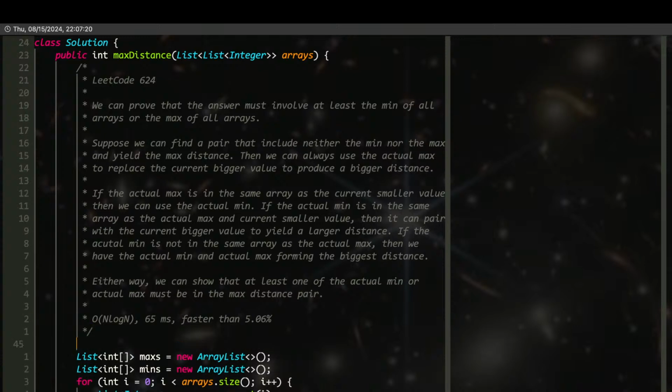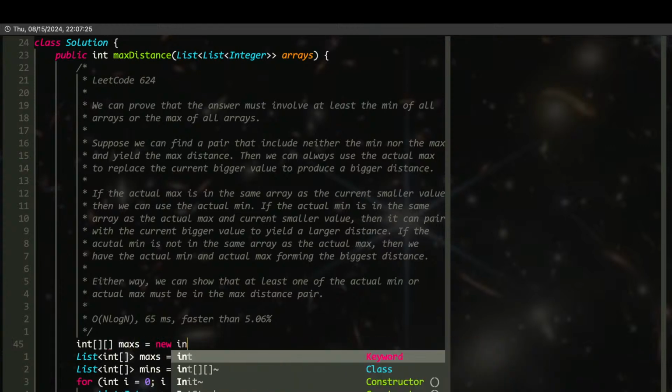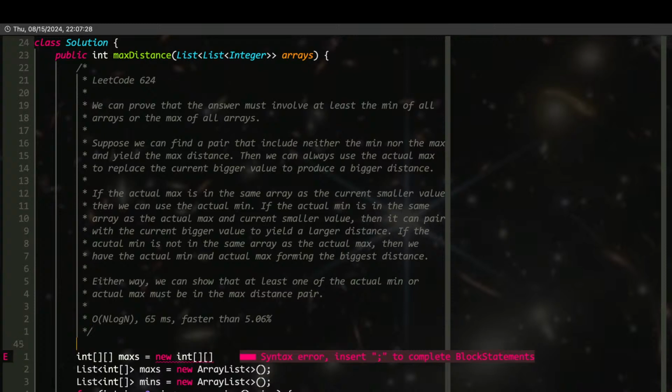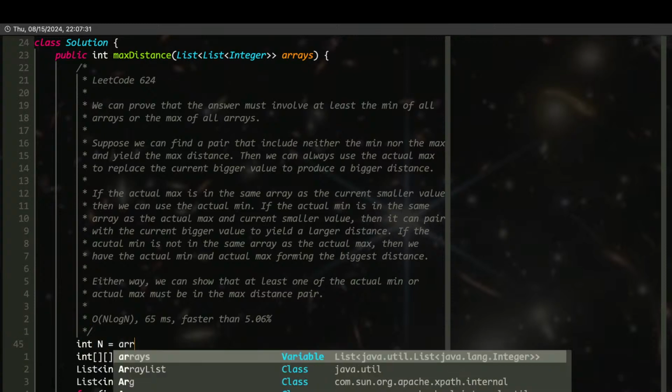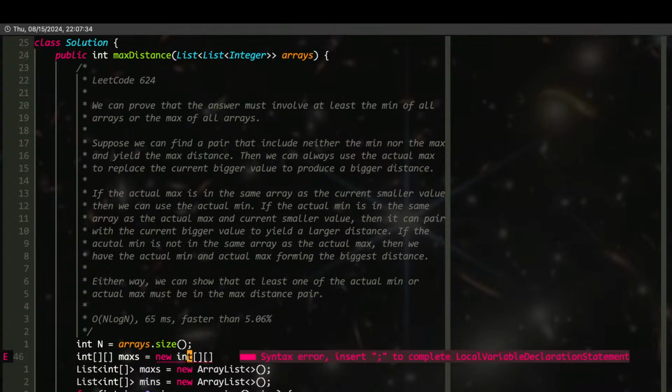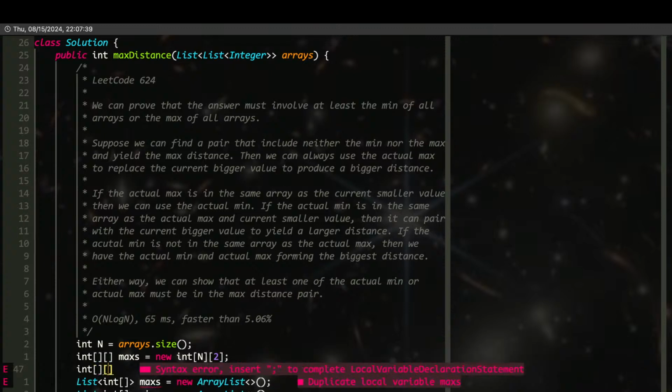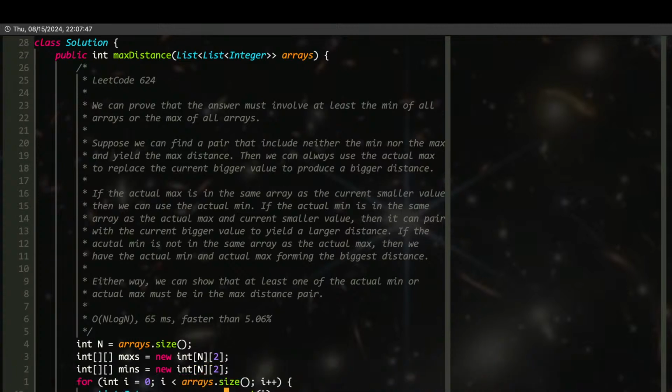Basically what I'm saying is we can do int max equals new int, or we can do n equal to arrays.size. And this is going to be n, this is going to be 2. So we don't do this. We get that, and we say maxes i shall equal to.